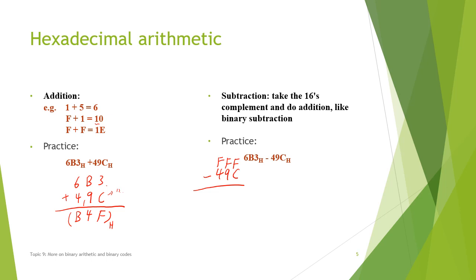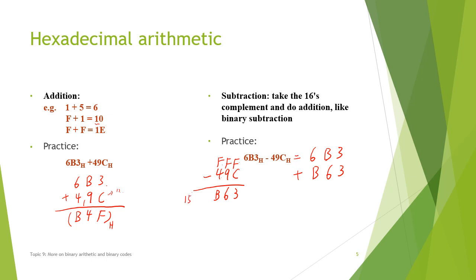So we get F minus C. F is 15. 15 minus 12, we get 3 here. Then 15 minus 9, we get 6. 15 minus 4, we get 11, which is B. So this operation becomes 6B3 plus B63. Oh, sorry, I missed one.